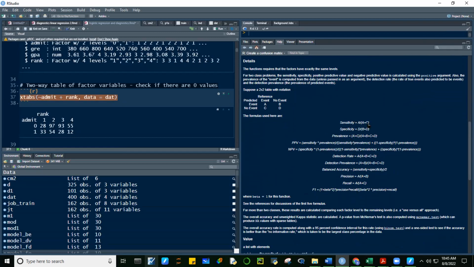Yung sensitivity, specificity, prevalence, etc. You can also refer to this. Tapos ito yung predicted, ito yung reference. Event, this is 1. So medyo iba lang yung order dun sa atin. Event is 1, no event is 0. Dun sa cross tabs natin kanina, 0, 1.